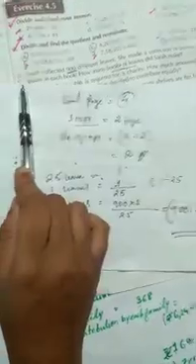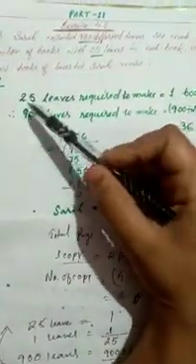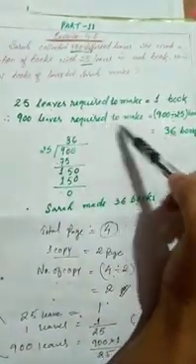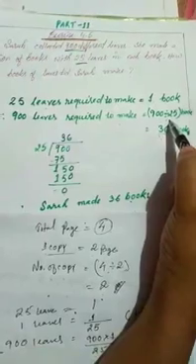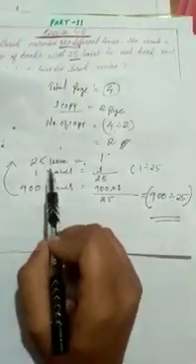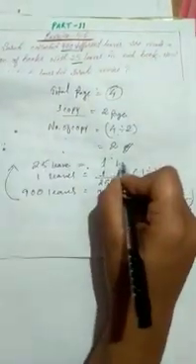Alright students? You can see the 25 leaves required to make 1 book and 900 leaves are available. So 900 divided by 25, you will get 36 books. But how have we done it? Do you know? See, the process is actually like this. 25 leaves are required to make 1 book.